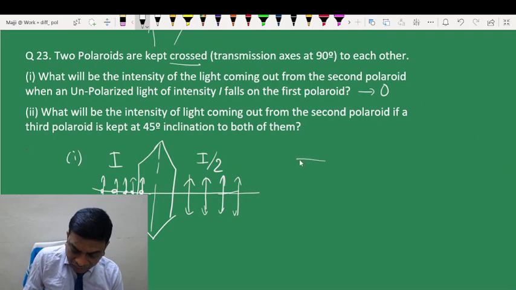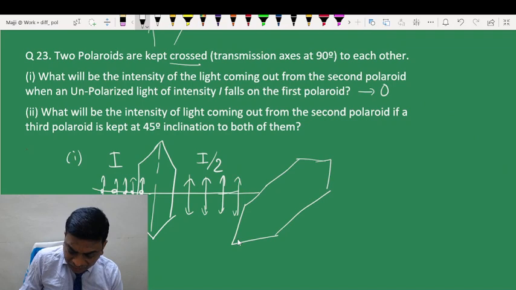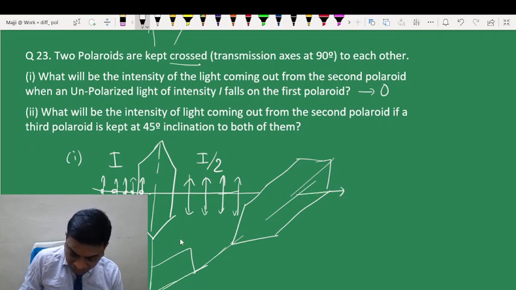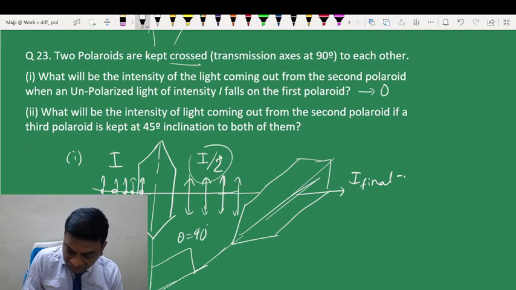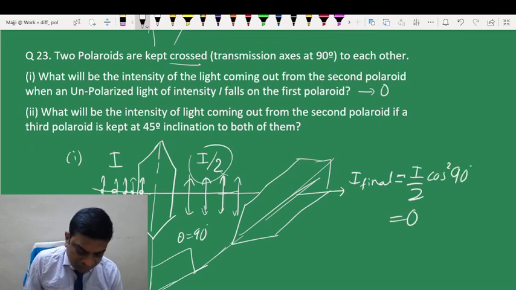Then you have another polarizer, which we'll call the analyzer. So here the angle is at right angles, 90 degrees. So the final intensity emerging through this will be the intensity of the light which is incident, into cos square 90 degrees. Cos 90 being 0, the answer is 0.